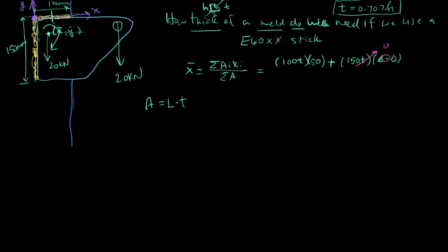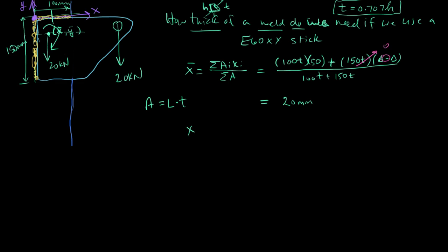And then we divide that by the sum of areas, which is just the 100t plus 150t. And that gives us our x centroid, and the x centroid works out to be 20 millimeters.